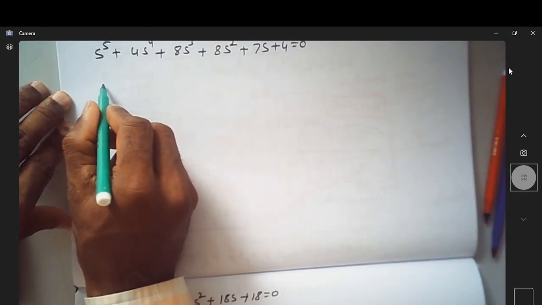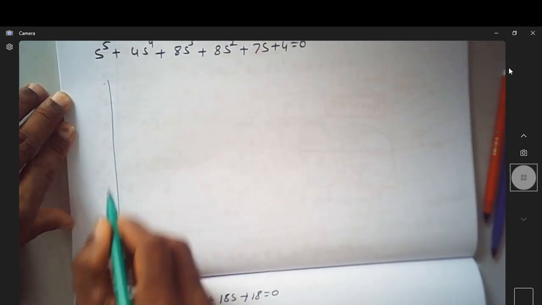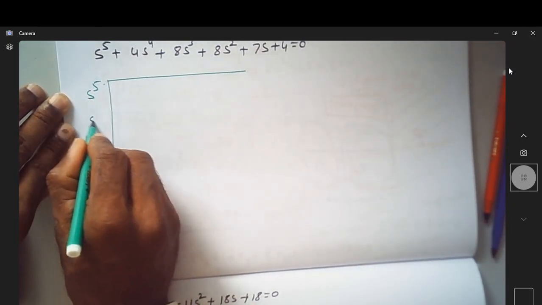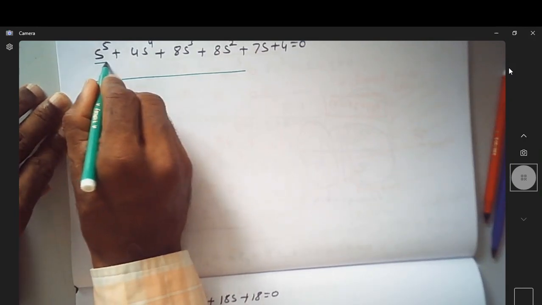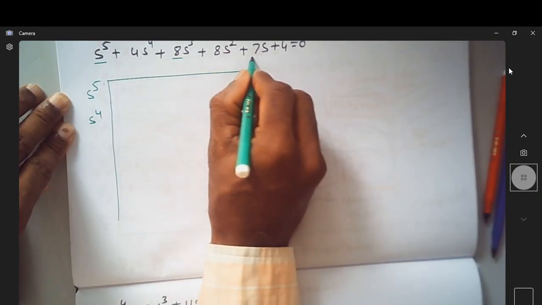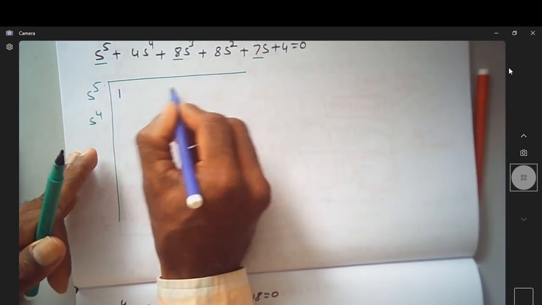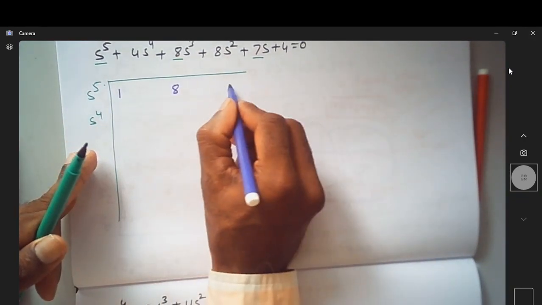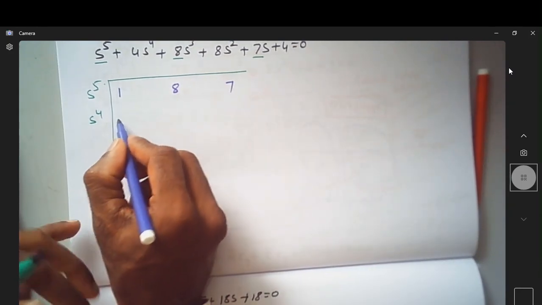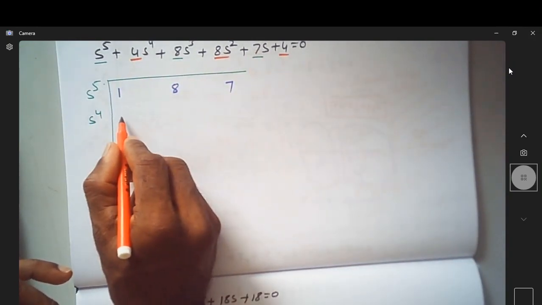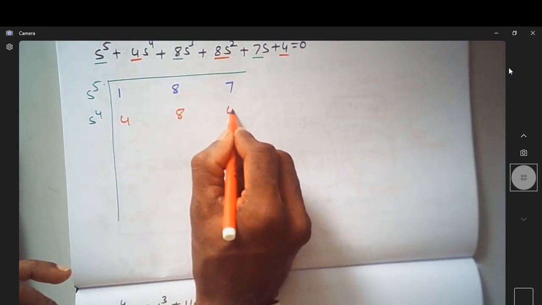Again, let me write. This is s power 5, s power 4. Let me write the coefficients of alternate terms: 1, 8, 7 and 4, 8, 4.